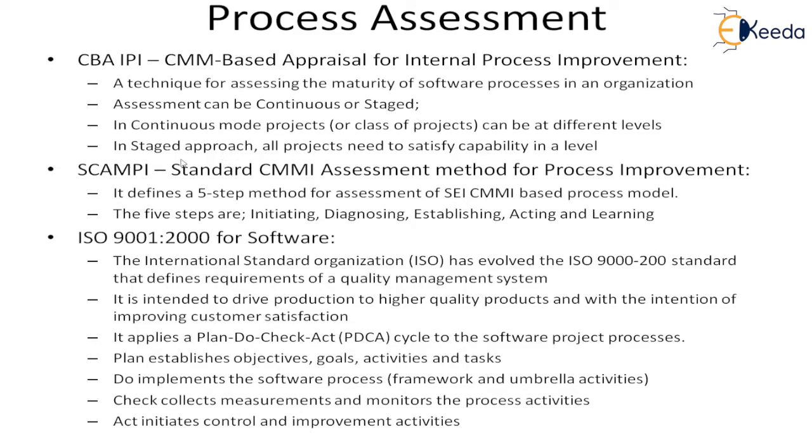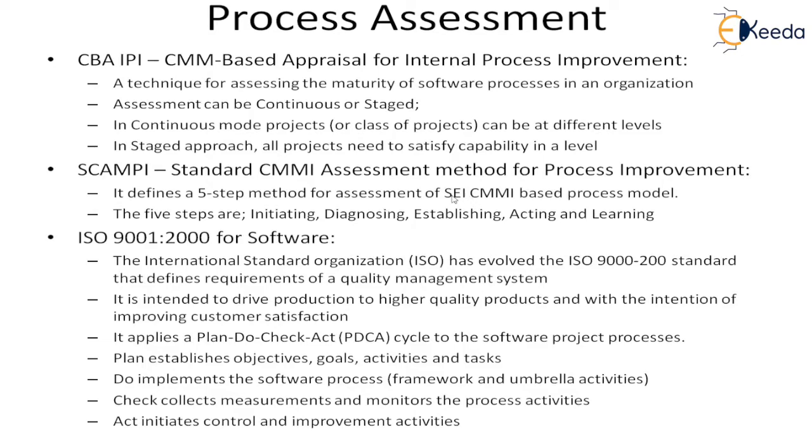And in the staged approach, all projects need to satisfy the capability at a particular level. That is what we have discussed earlier. The SCAMPI assessment method is a standard CMMI assessment method for process improvement. It is a later method, and it is a 5-step method.